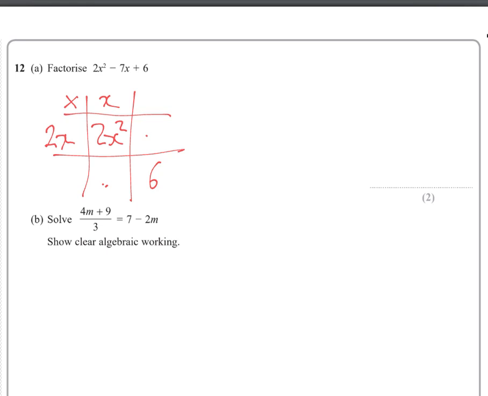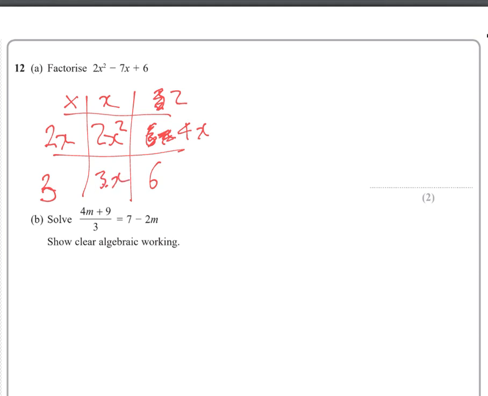Now I think with a 3 here and a 2 here, I'm going to get 6x, 2x, that's 8x. I don't want that. If I go a 3 and 2 the other way around, then I'm going to get 4x and 3x.